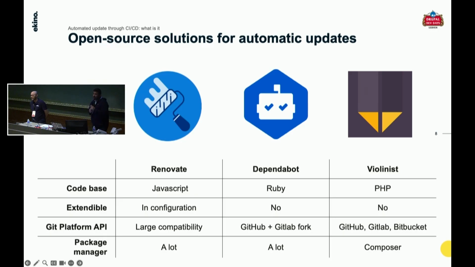Dependabot is a good choice because it allows us to use several package managers and revision tools, but it's written in Ruby and it's not practical for us to write in this language because we don't have skills in it. But Renovate is written in JavaScript, more accessible, and it's extendable by configuration, and it's a good tool.